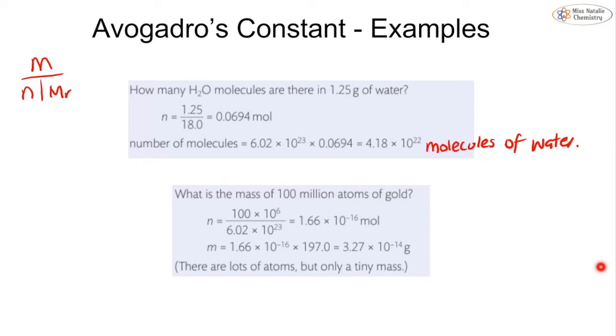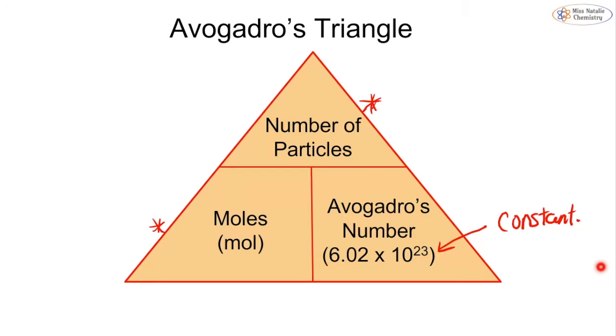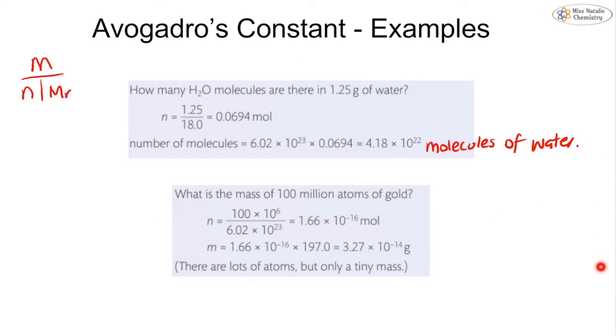If I want to know what is the mass of 100 million atoms of gold, that may sound like a lot, but in actual fact, that is a very, very small mass. So if I go back, we can see that to calculate the number of moles, I do the number of particles divided by Avogadro's number. So 100 million is 100 times 10 to the power of 6.